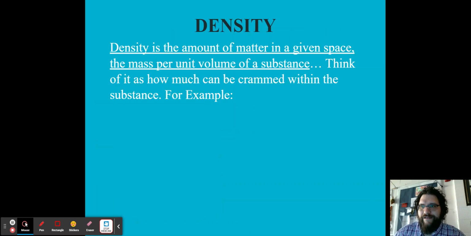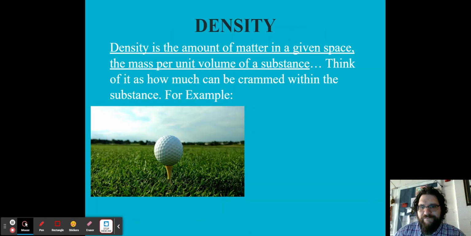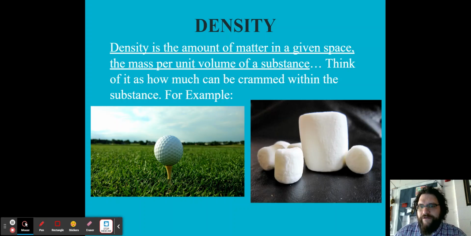Okay, density. You have a golf ball, and it has a certain amount of mass and a set volume. That's its density. Here you have a marshmallow. It too has a certain amount of mass in a given volume. I would argue pretty confidently that a golf ball is more dense than a marshmallow.